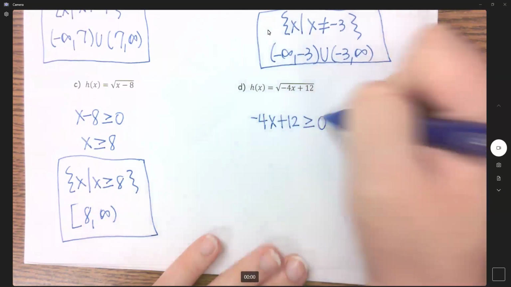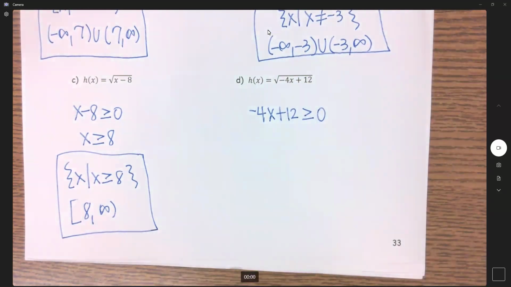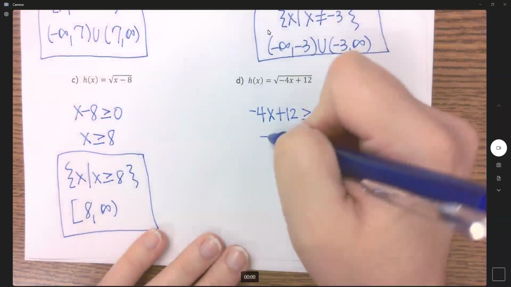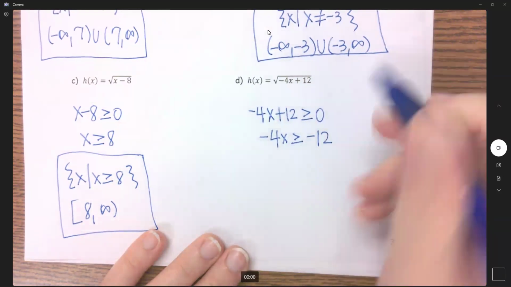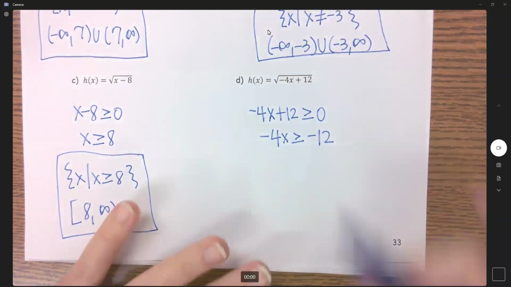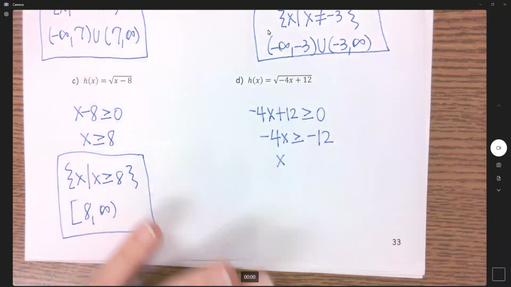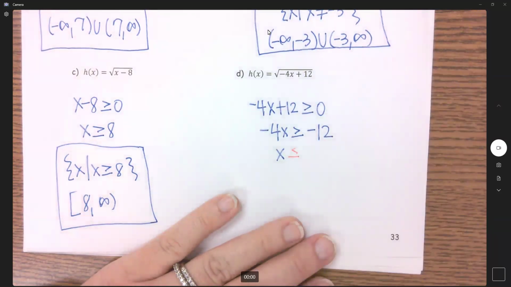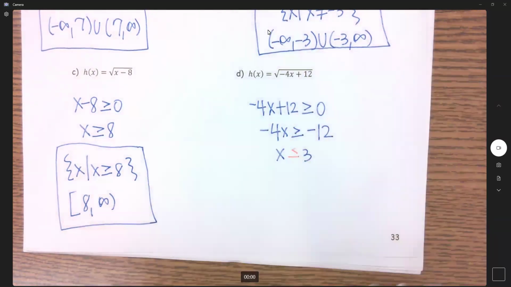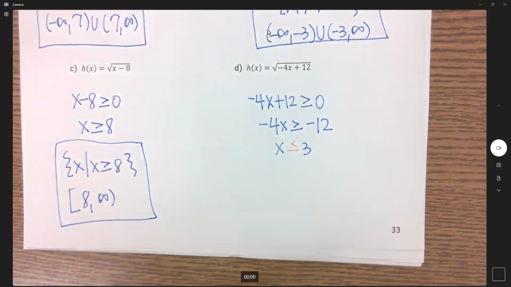So we are talking about every number that is greater than or equal to 0. So solve. Subtract your 12 over. And then divide by -4. When I divide by a negative number with inequalities, we have to flip that sign. So now we get x must be less than or equal to 3.